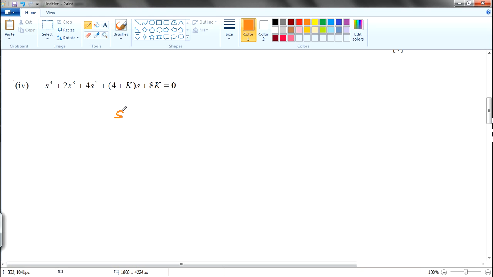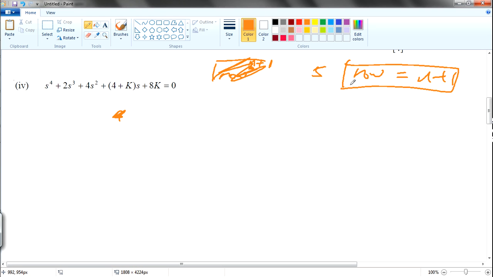So let me write the Routh array. The number of rows is determined by the order plus 1. The order in this case is 4, so we have 5 rows. The number of rows should be equal to n plus 1.